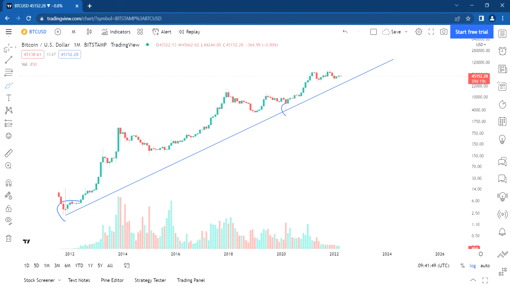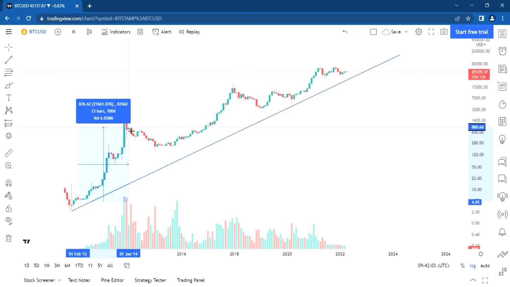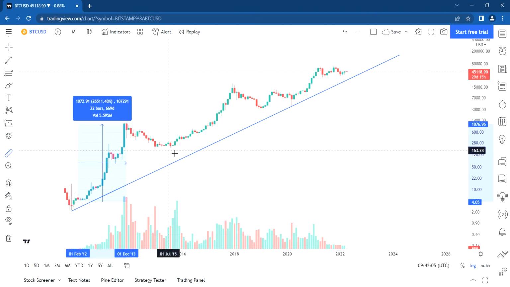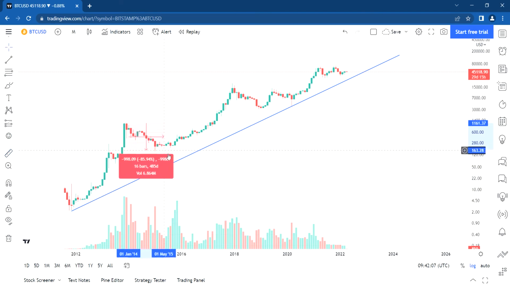So we can see that in the very long term, this is since 2011. This is a very, very long time that you can see Bitcoin has generally been trending upwards, ignoring all this up and down volatility, right?